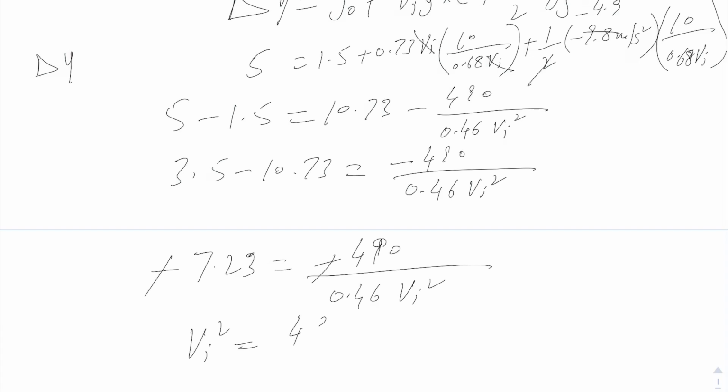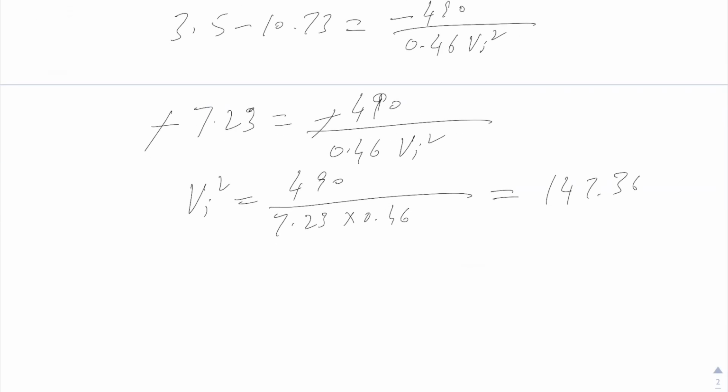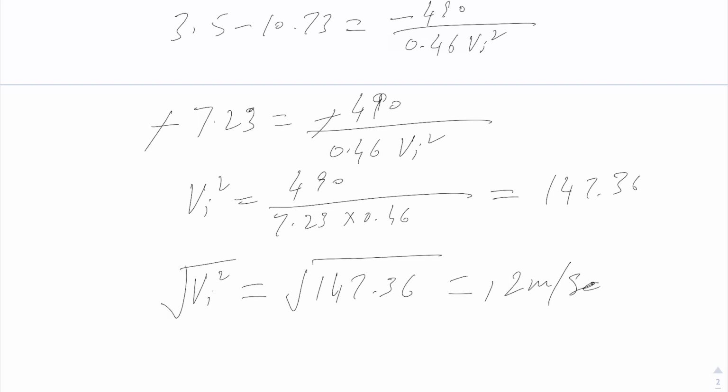So it is 490 divided by 7.23 times 0.46, which is equals to 147.36. So if we take the square root at both sides of Vi square, that will be the square root of 147.36. So this will come up to 12 meters per second.